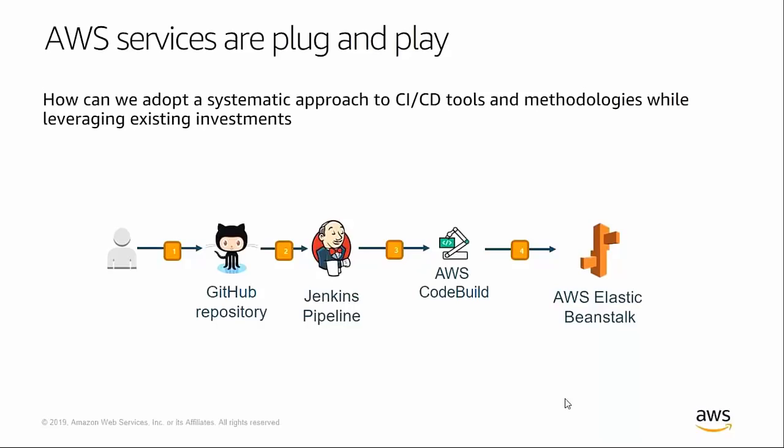So if you've already made investments in a Git source code repo, such as a GitHub repository, or if you have a pipeline through CloudBees Jenkins pipeline, you could actually leverage those investments and still, for instance, in a Jenkins pipeline, you could use an AWS CodeBuild plugin to deploy directly to Elastic Beanstalk. So it truly is a plug and play where you can leverage investments that you've already got, or you can start from an AWS-centric CI/CD workflow directly.